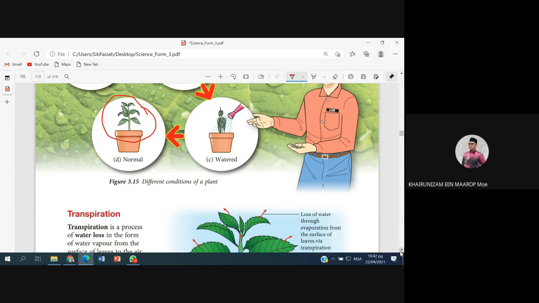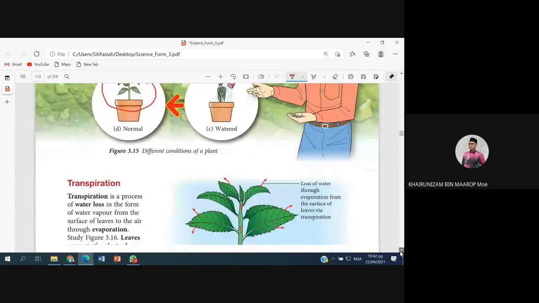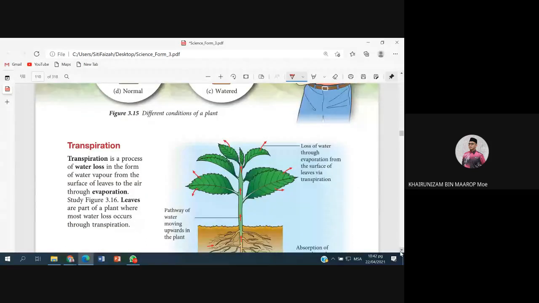Okay, let's look at transpiration. What is transpiration? Transpiration is the process of water loss in the form of water vapor from the surface of leaves to the air through evaporation.